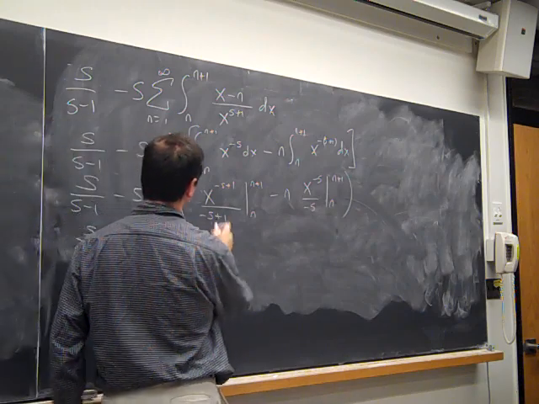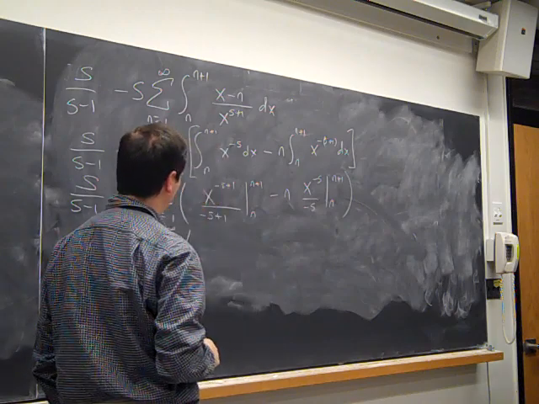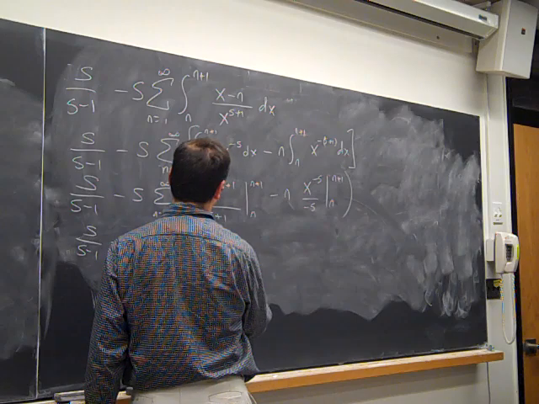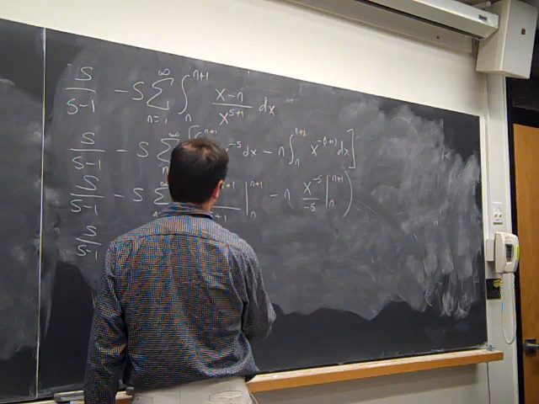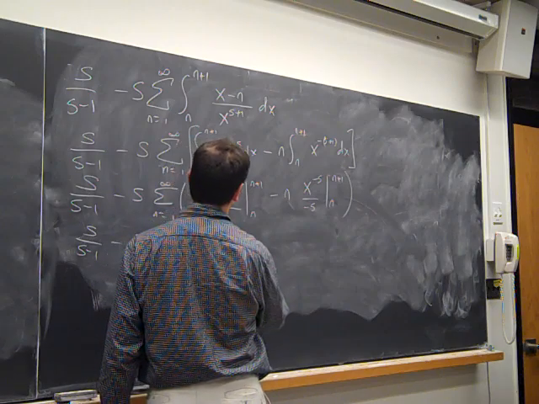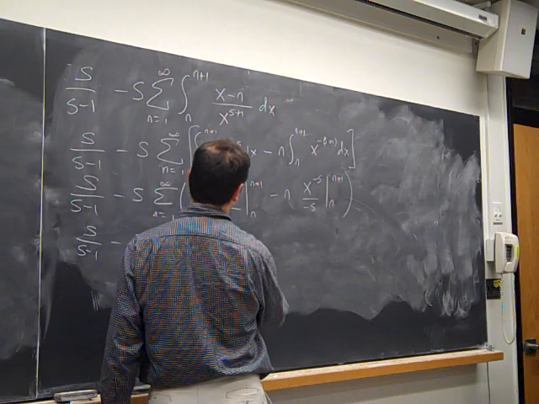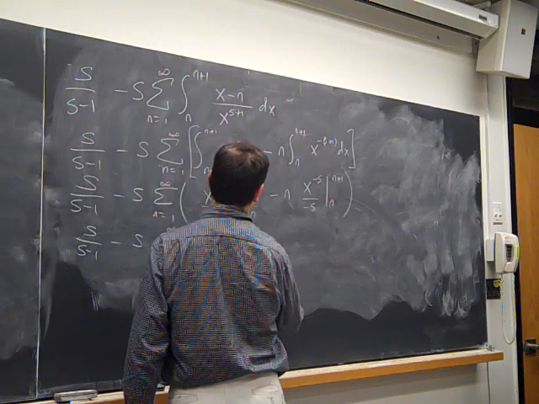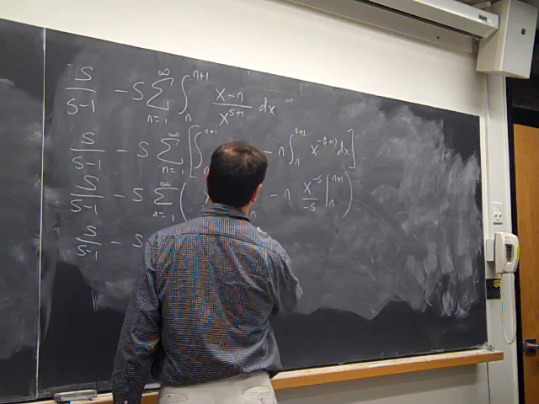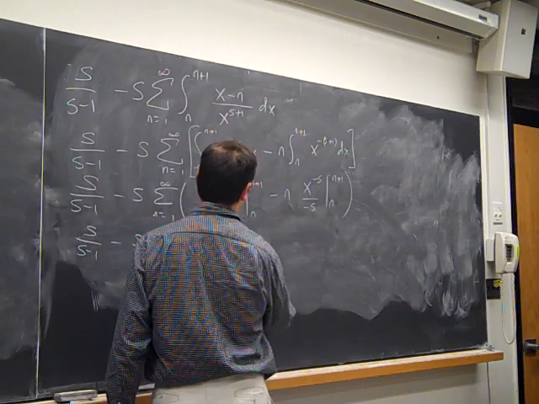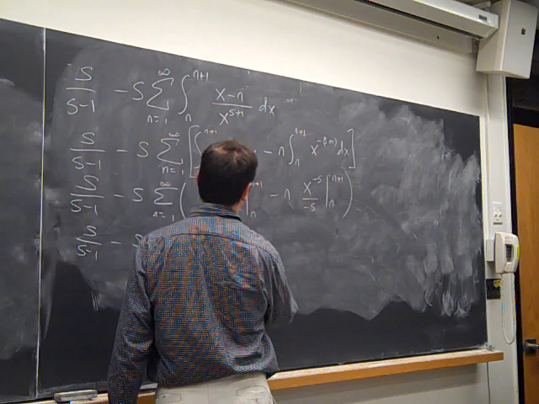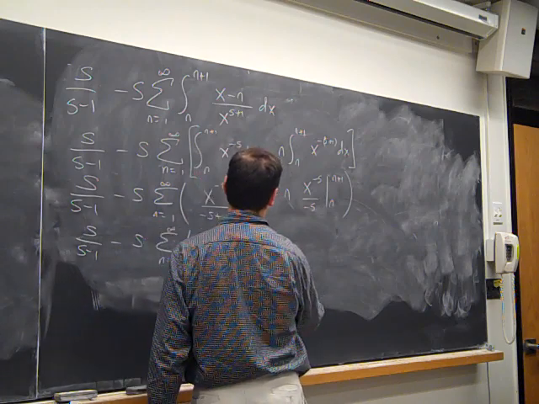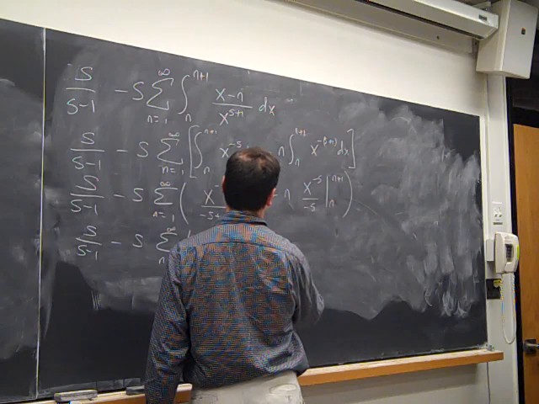Now let's look and see what we have. When I have n plus 1, I have 1 over negative s plus 1, 1 over n to the s minus 1 minus 1 over n plus 1 to the s minus 1.